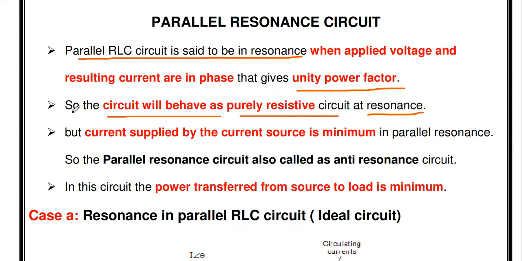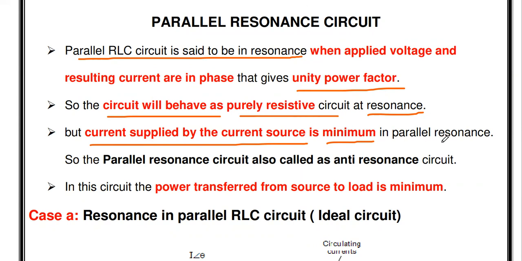Next, in a series RLC circuit, the impedance offered at resonance is minimum, so the current flowing is maximum in resonance. But in a parallel RLC circuit, the current supplied at the resonance condition is minimum. In series RLC the current is maximum in resonance, but in parallel RLC the current is minimum.